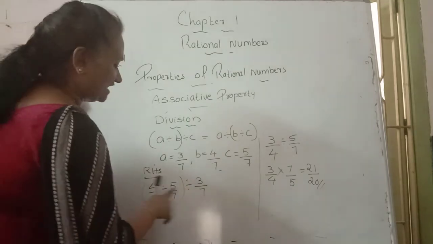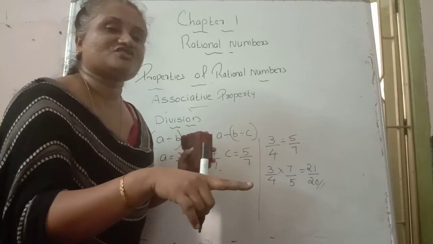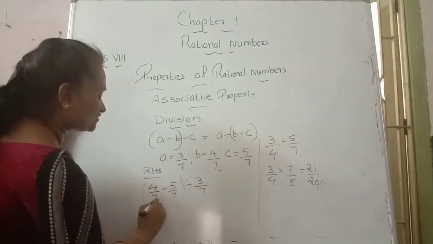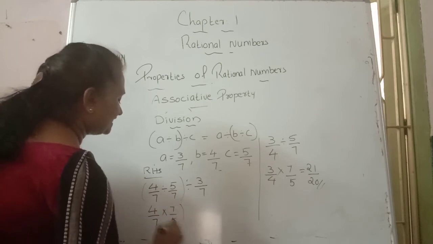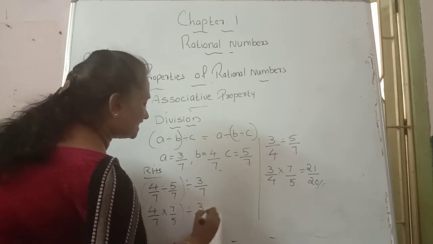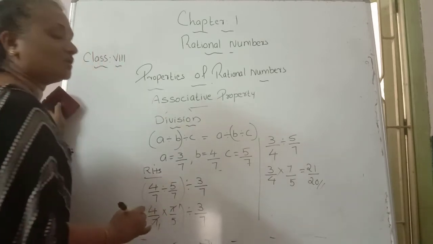The division rule says take the reciprocal of the second number and multiply. So 4 by 7 into 7 by 5, divided with 3 by 7. 7 and 7 cancel, giving 1.